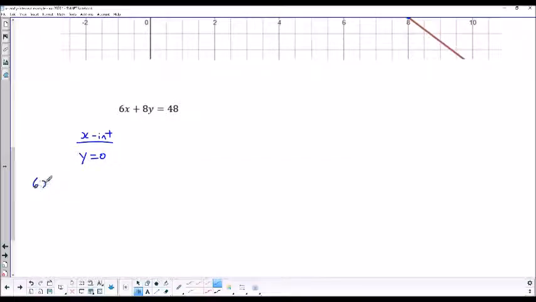So we've got 6x plus 8y, and the y coordinate is 0. 8 multiplied by 0, anything multiplied by 0 is just 0. So we get 6x plus 0 equals 48. We don't really need to show that 0, because 6x plus 0 is still 6x, and that still equals 48.